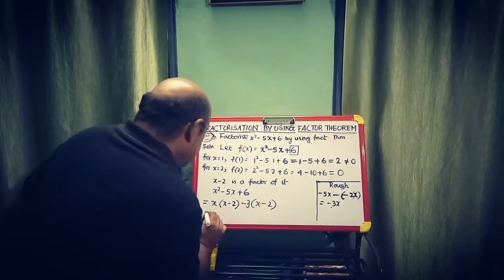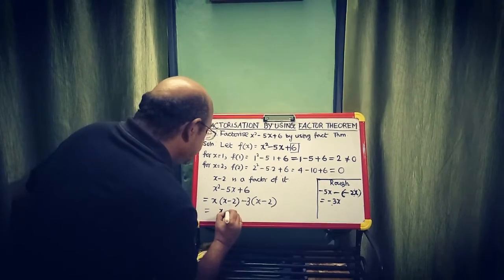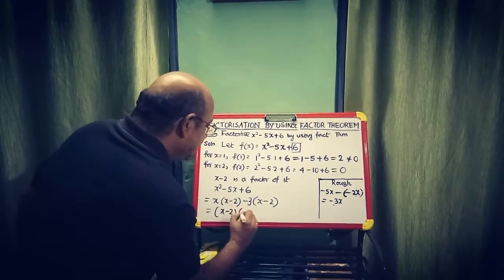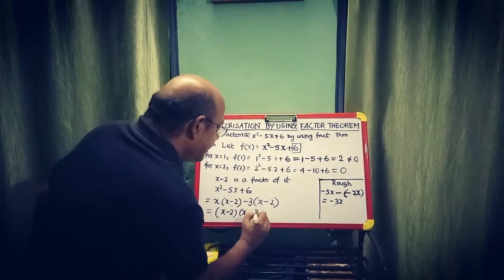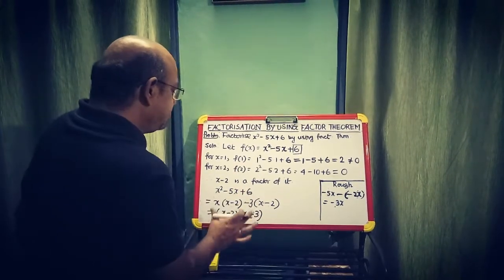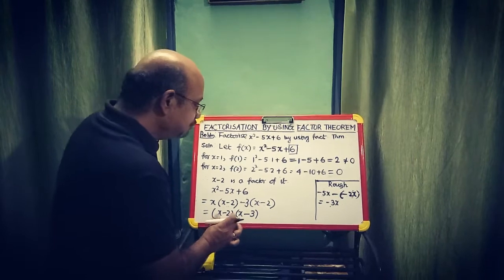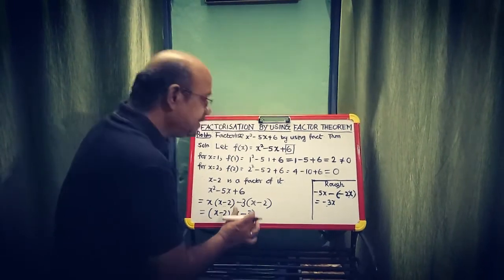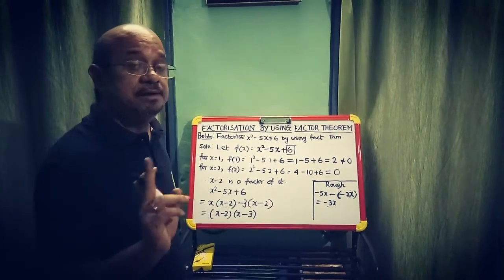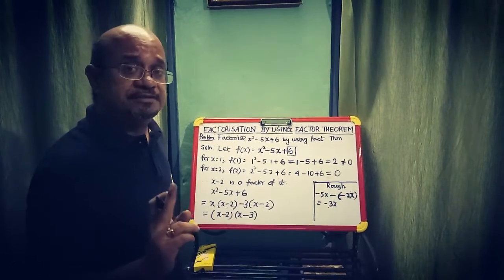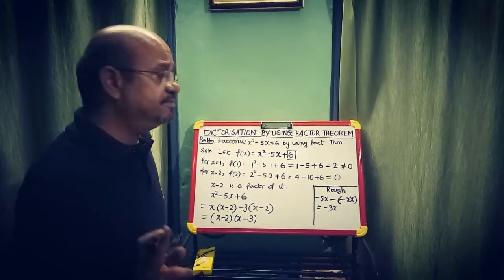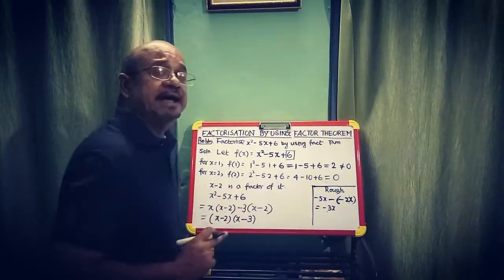So now we take x minus 2 common and we are left with x from here minus 3. So x square minus 5x plus 6 has been factorized as x minus 2 into x minus 3. Remember, I have not used middle term factorization to factorize this. We have done this factorization by using factor theorem.